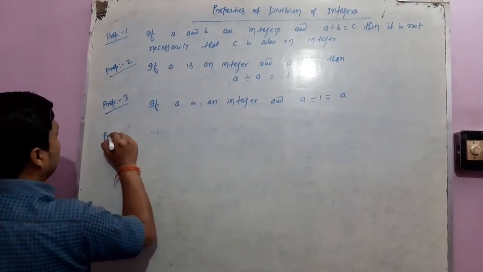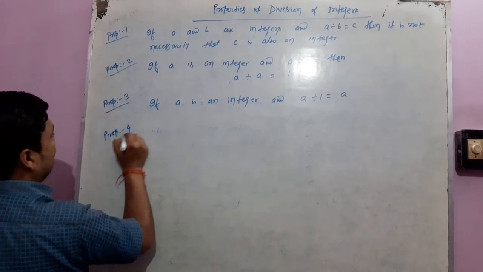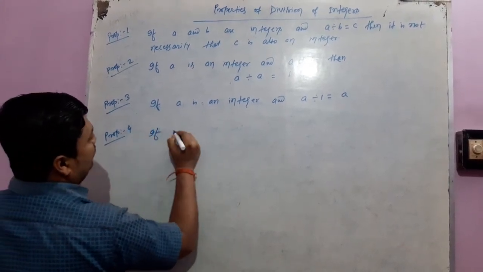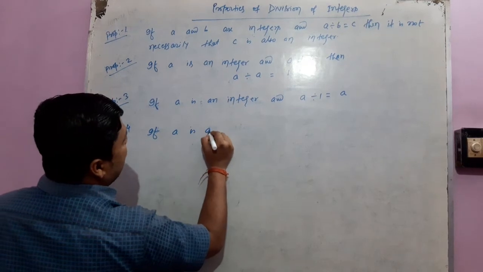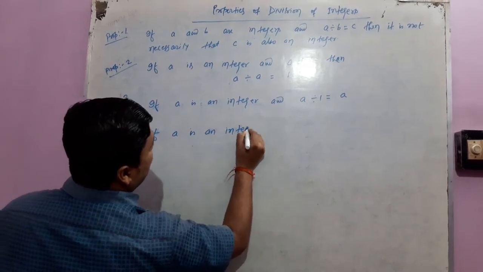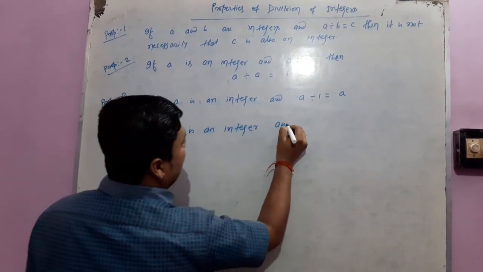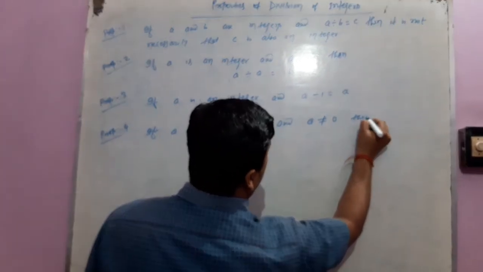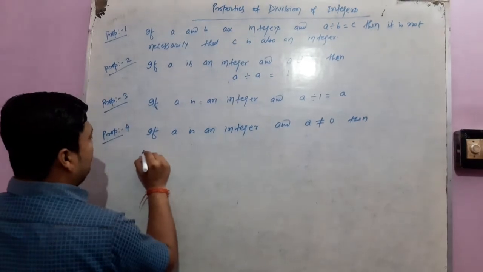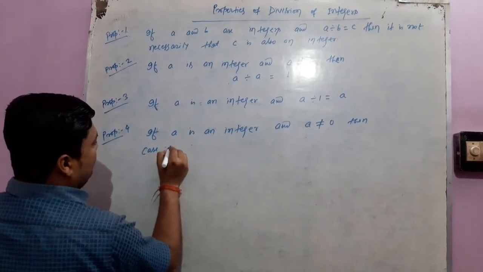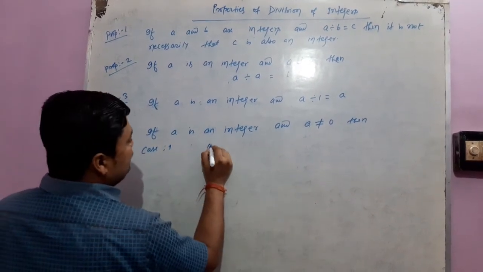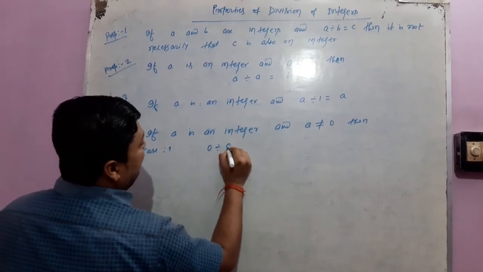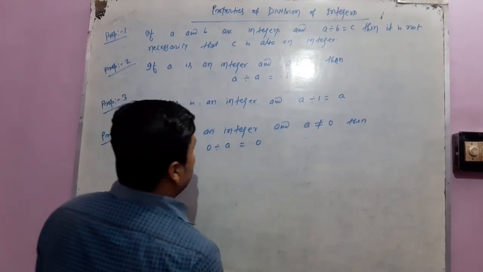Rule number 4. If a is an integer and a is not equal to 0, then there are two cases. Case 1: if 0 is divided by an integer, then the result will be 0.